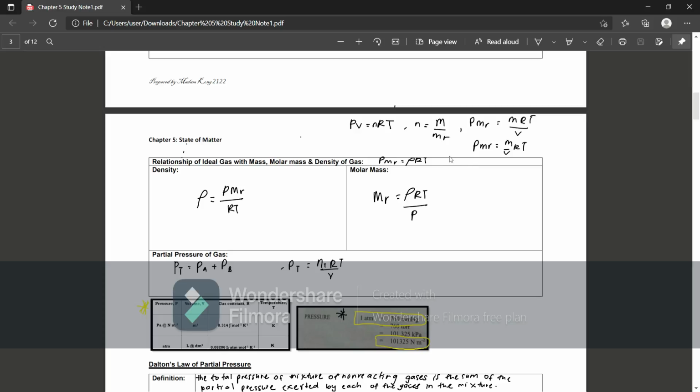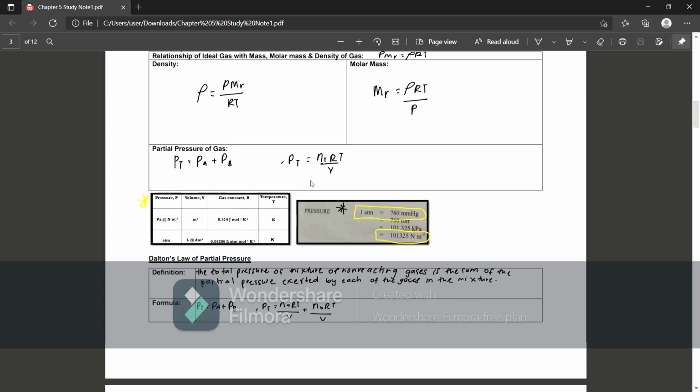So we can put it into the equation, so it can be PMr equals mRT over V. So the formula of density, ρ equals PMr over RT, and the molar mass, Mr, equals ρRT over P.